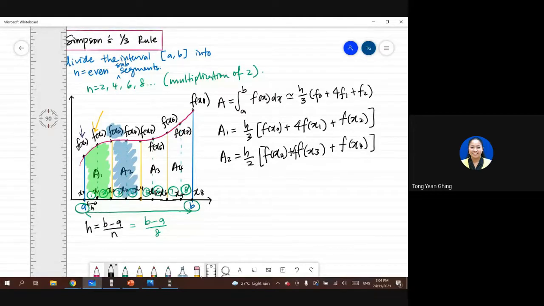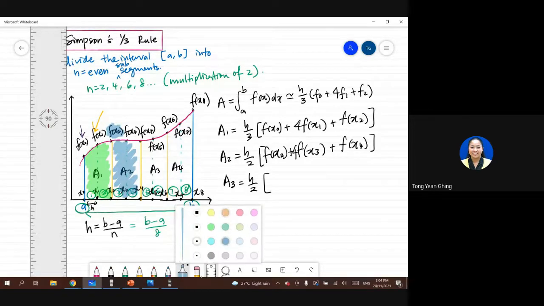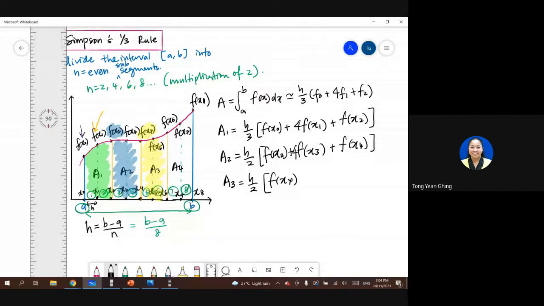Okay. And then A3 will be h over 3. This one. Okay. So start from FX4 plus 4 FX5 plus with fx6. Okay, and then A4 will be h over 3.